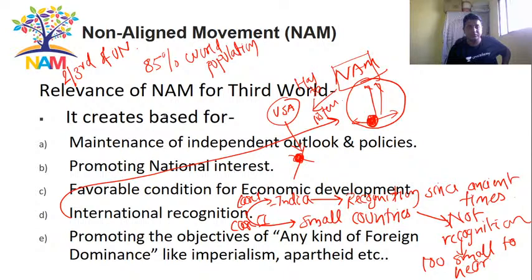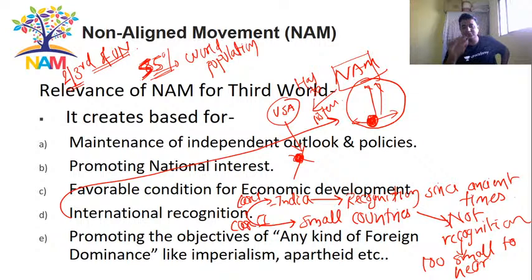NAM represents the 85% of world population and two-third of, no, sorry, it's not 85%, it is 55%, sorry. It is 55% of world population and two-third of UN membership.